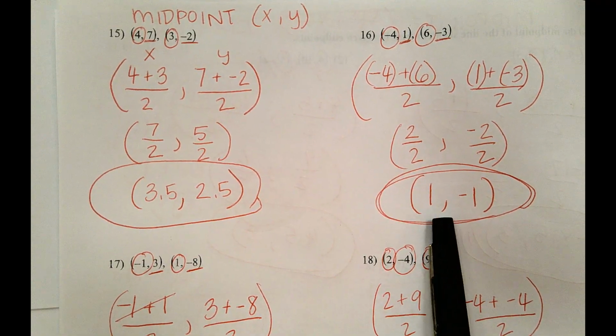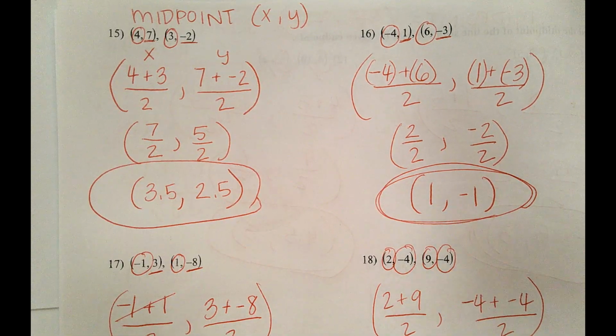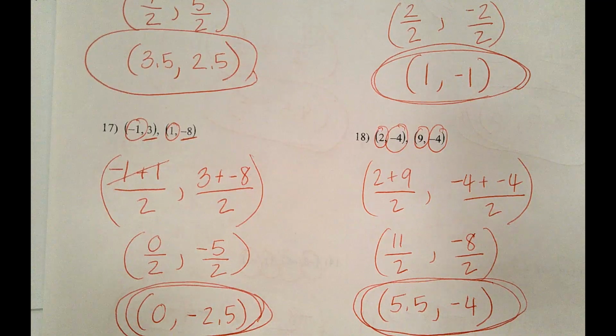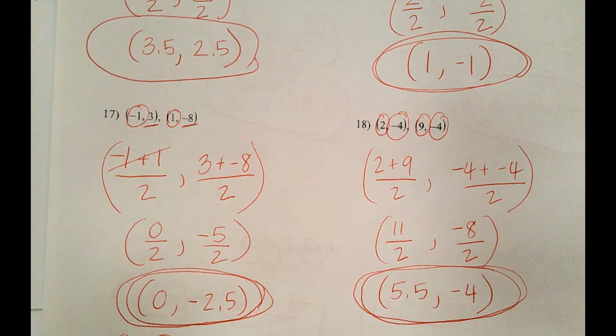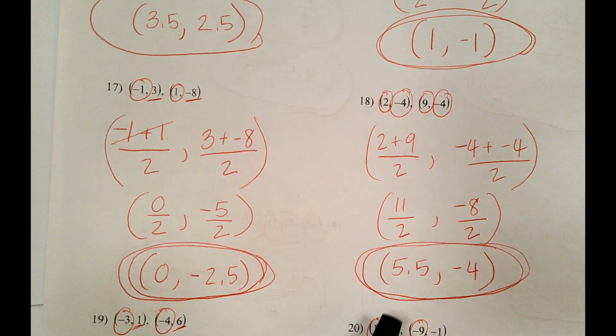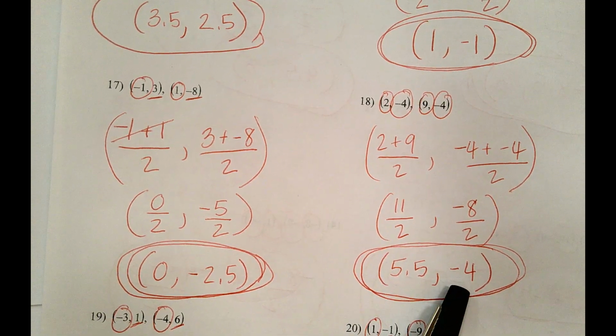16, I got +1, -1. 17, I got 0, -2.5. 18, I got 5.5, -4.